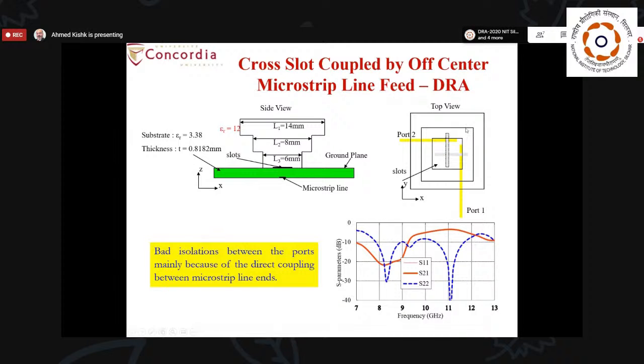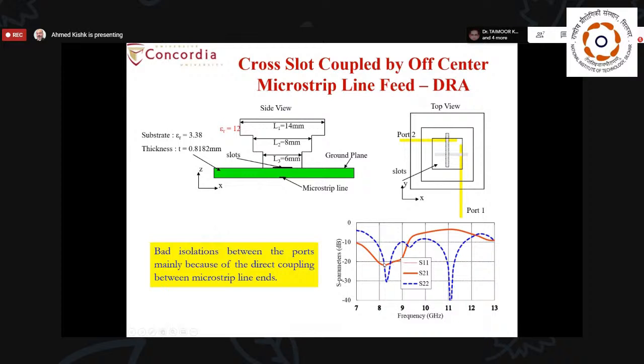This is another one where I can have, like the microstrip, two orthogonal slots. Each is excited by a microstrip, and I use the staircase dielectric resonator in order to have a wide band element. So you can see here that it doesn't give me good isolation over a wide band.